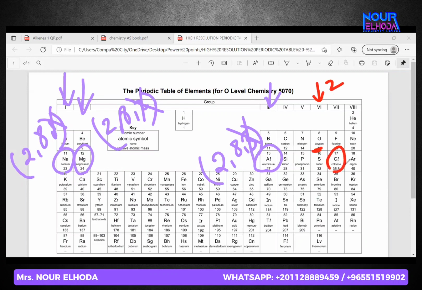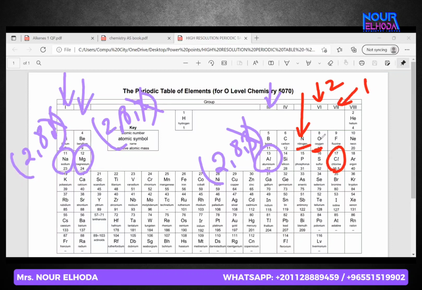Chlorine is in group 7, I will do 8 minus 7, which is 1, and so on. This is how it works. Nitrogen is in group 5, so 8 minus 5 is 3.